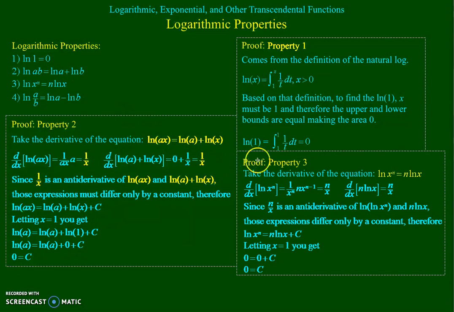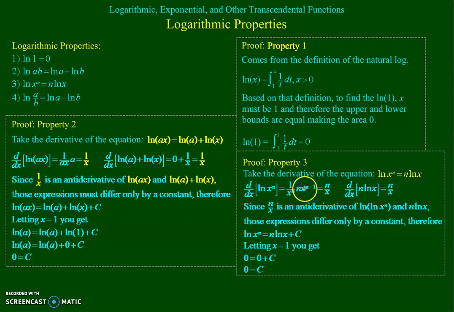Here is the property, ln of x to the n equals n ln of x. The derivative of ln of x to the n is 1 over x to the n times the derivative of x to the n. And using the power rule, we have n x to the n minus 1.